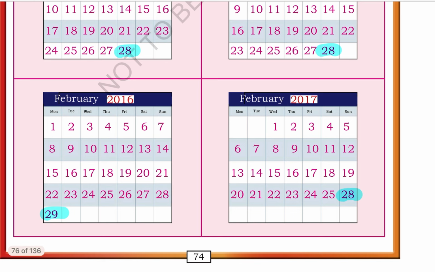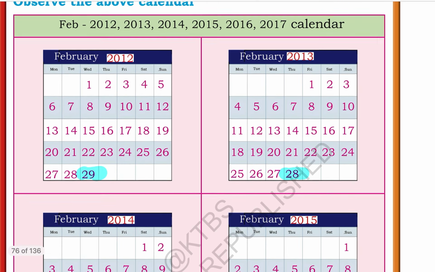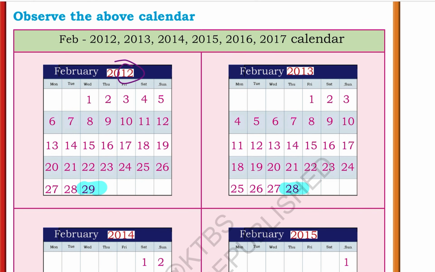See here, this one, 2016 and 2012. From 2012 to 2017, you will get 29th of February in 2012 and 2016 only. Okay. Only in 2012 and 2016.